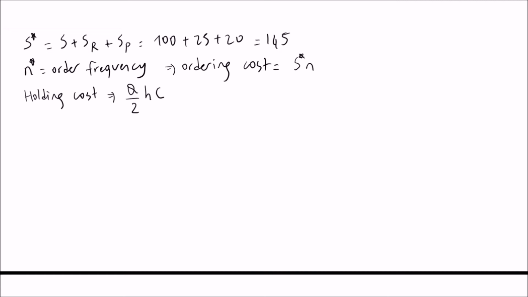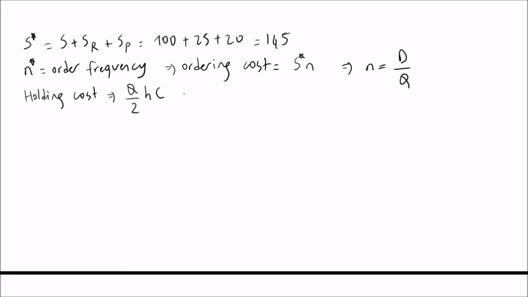Therefore, if we compute the order frequency, N is computed by D divided by Q. So your demand is D, your order size is Q. This tells you you place D over Q orders.